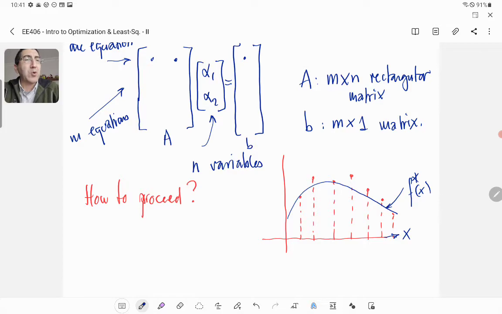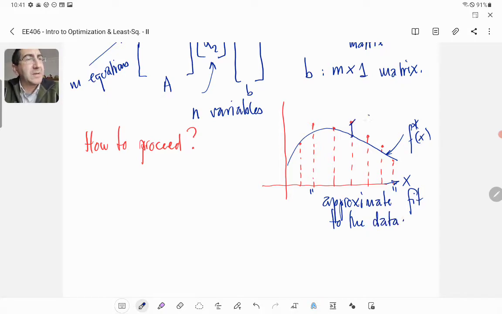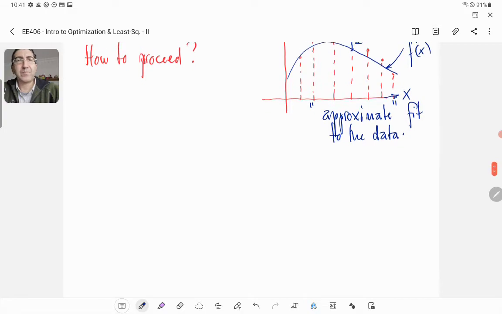So you have an approximate model or an approximate fit to the data. You see that in each data point, there is an error between what the curve says and what the data point says.